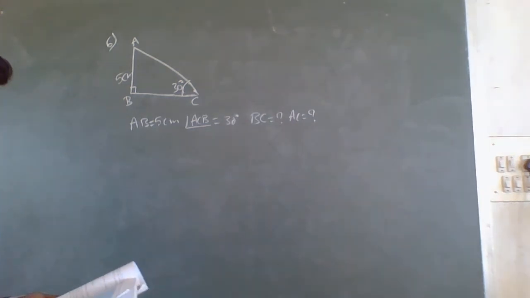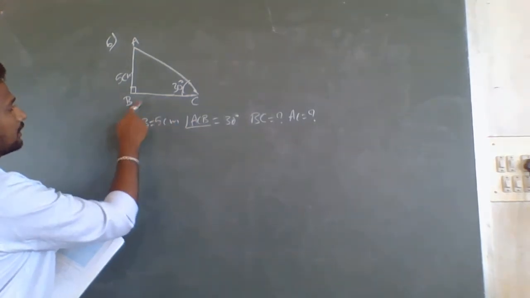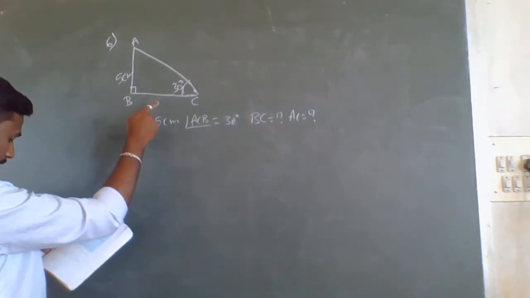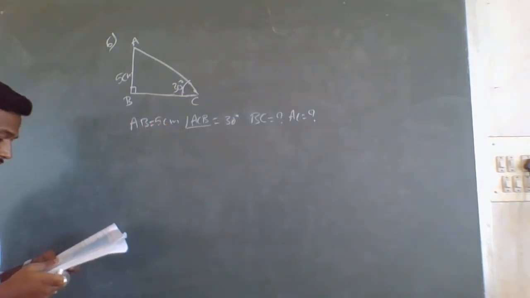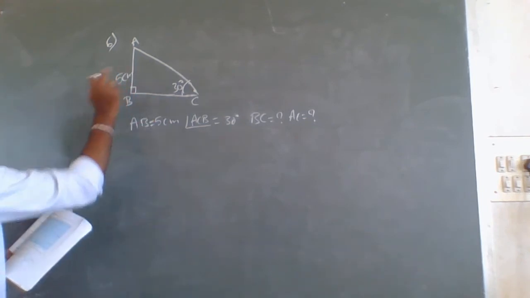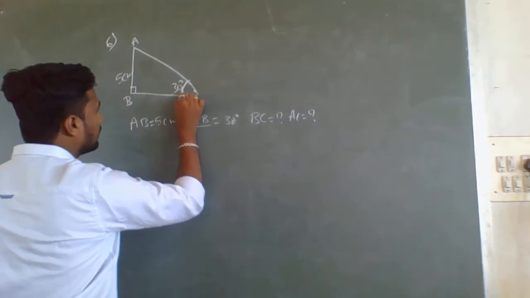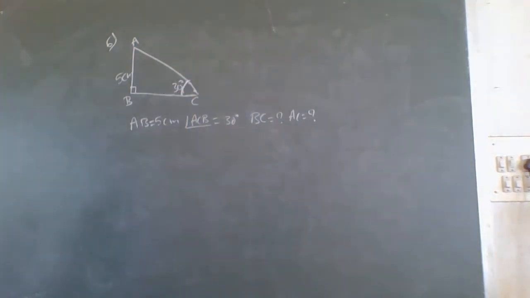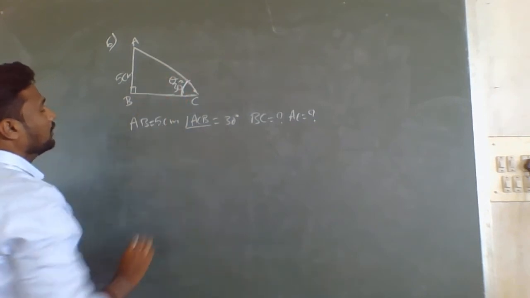Since this BC is the side adjacent to angle C, AB is the side opposite to angle C. Here you can see they have given that this angle C is 30 degree, so I will refer to this angle as theta. Okay.